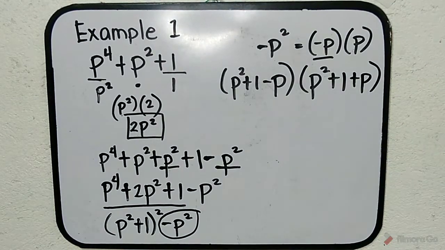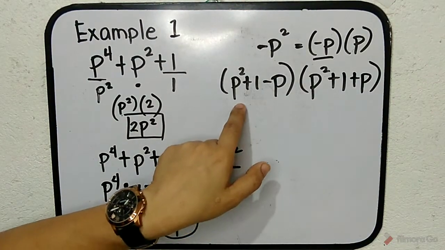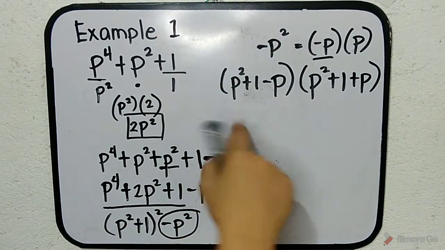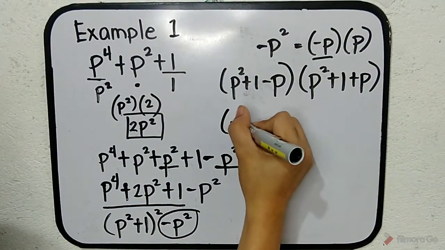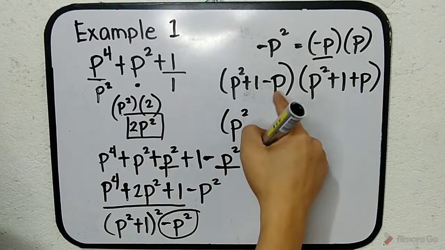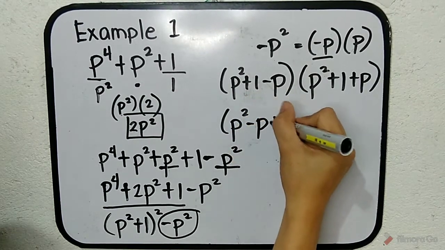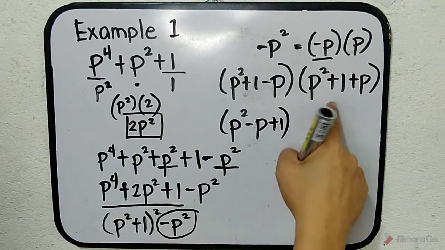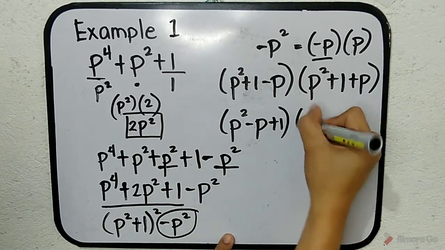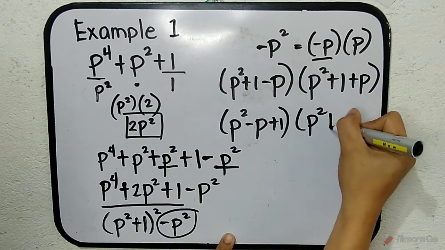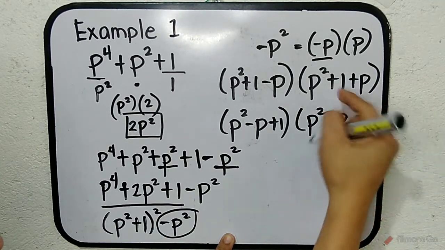Yan. Then, i-arrange lang natin siya from our variable papunta sa ating constant. So, p squared minus p plus 1. So, yung kabila naman, p squared plus p plus 1.